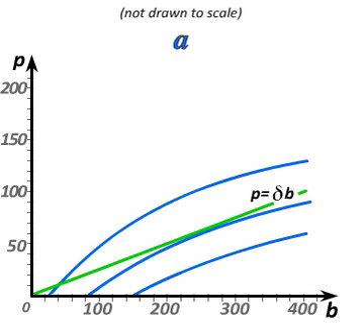Thus, in order for the insurance company to make zero profit, P has to be equal to delta B. This allows us to illustrate the set of actuarially fair insurance policies for low-risk delta types as a line defined by the equation P equals delta B.